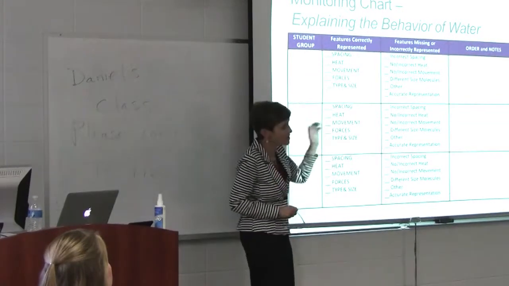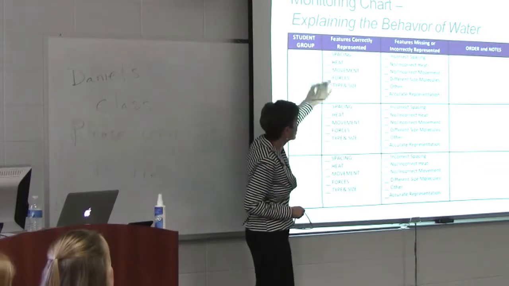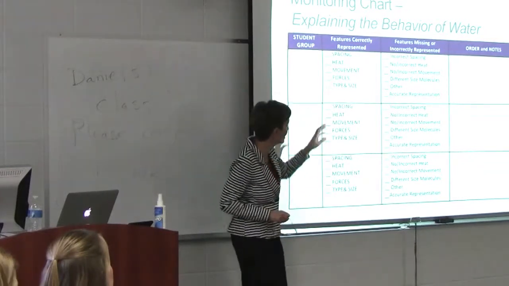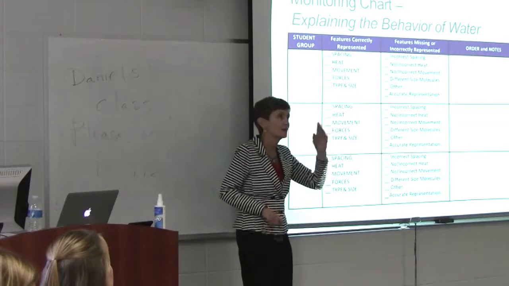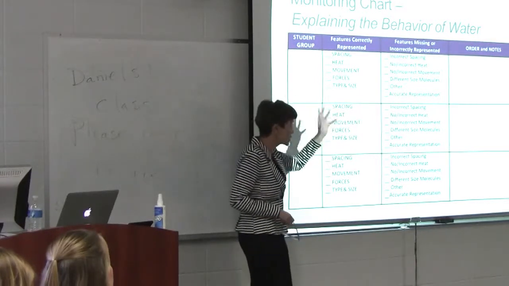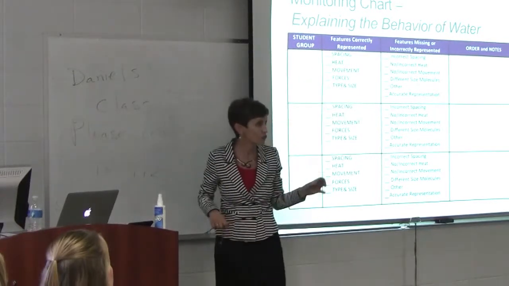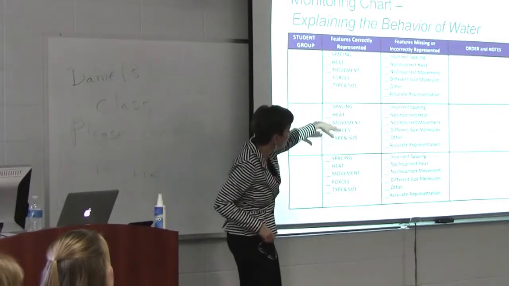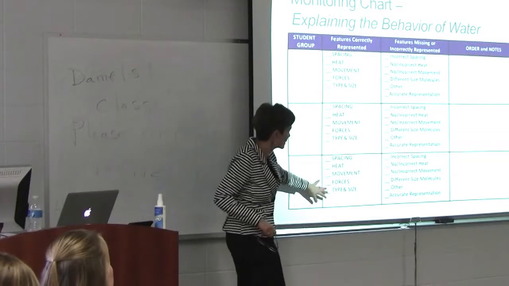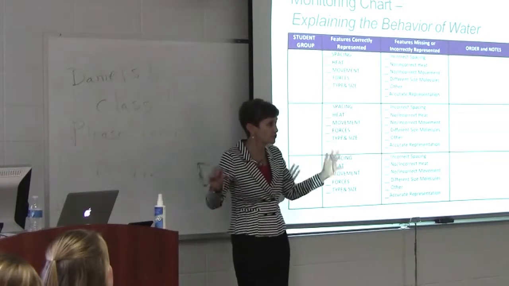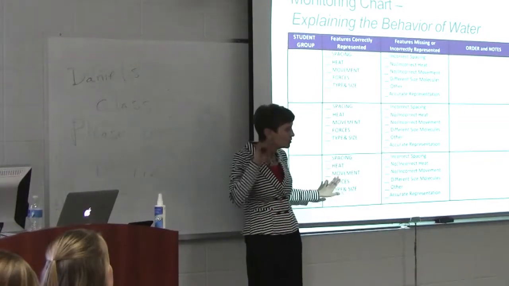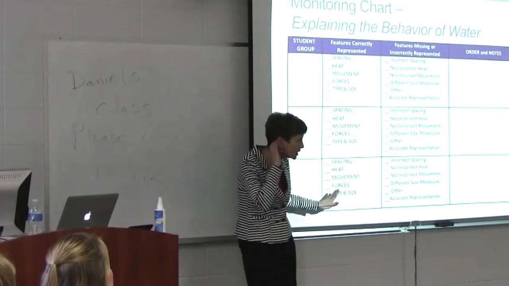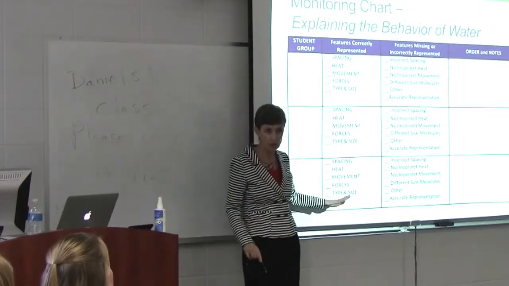That heat is what's necessary to move from one state to another, that molecules are moving, and that in the solid form they have a crystalline structure, that there's forces that are keeping them together, that they're the same size and type molecules. So these are the things. So it's not so much that there's a different strategy, but it's like, what are the elements of the explanation do I want to be looking for?